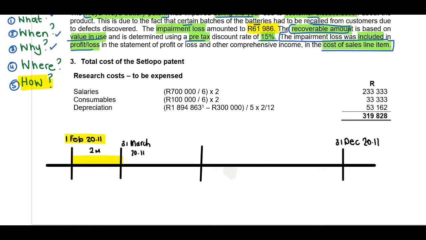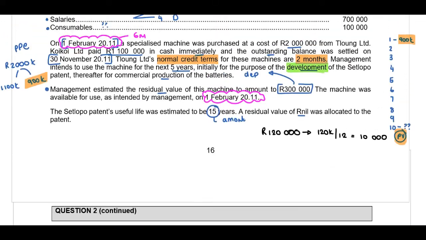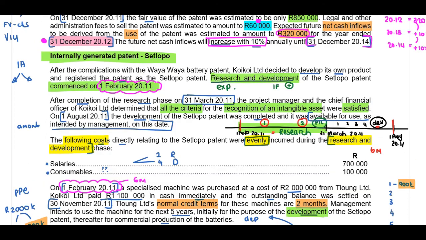Therefore, if we now refer to this scenario, they've indicated to us when the development phase ended, and this was 1 August 2011. Second paragraph of the internally generated patent, 1 August.